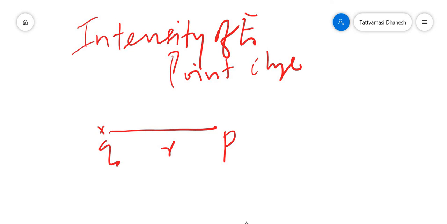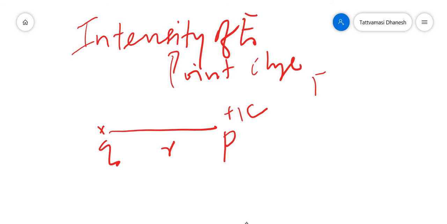So again, I am repeating it: as per our definition, the intensity of electric field is the force experienced by a unit positive test charge. So we are keeping a unit positive test charge, that means plus 1 Coulomb here, and finding out the force. That force is the intensity of electric field.